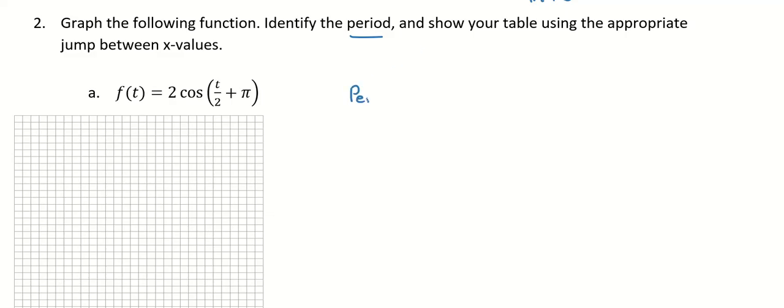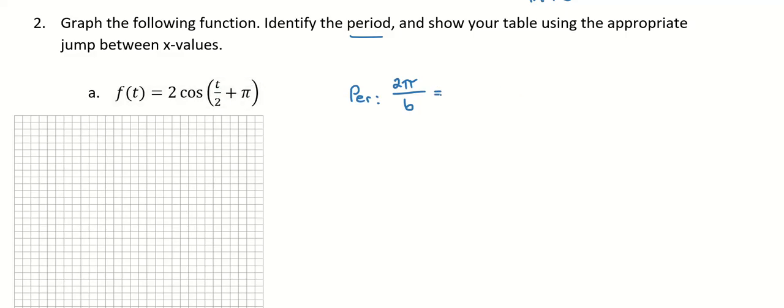So the period of this, remember, for cosine and sine, the period is 2 pi, because that's a regular parent period, divided by b, where b is the coefficient on our variable. Now, in this situation, it's ugly and it's hidden, but the number connected to t is 1/2.